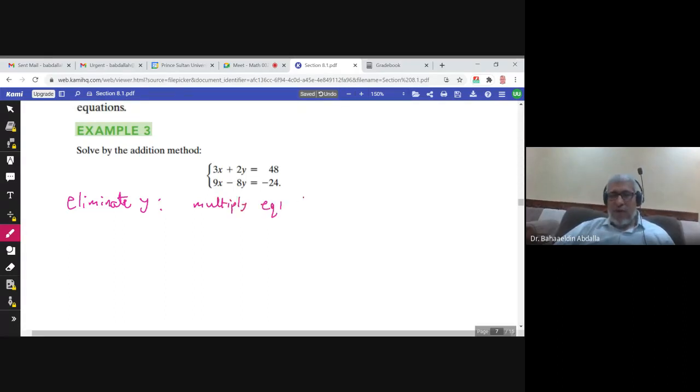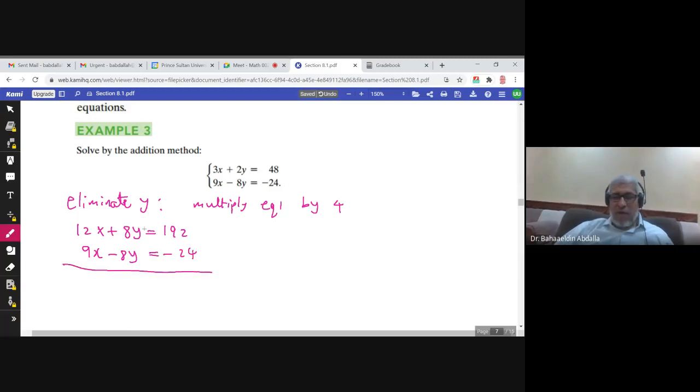equation 1 by 4. If you multiply equation 1 by 4, you will have 12x plus 8y equals 4 times 48. That's 192. And the second equation as it is.